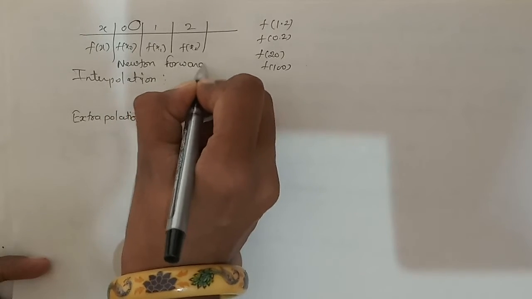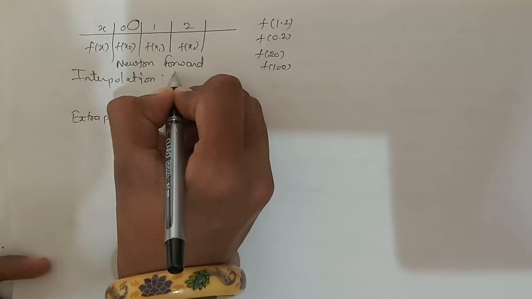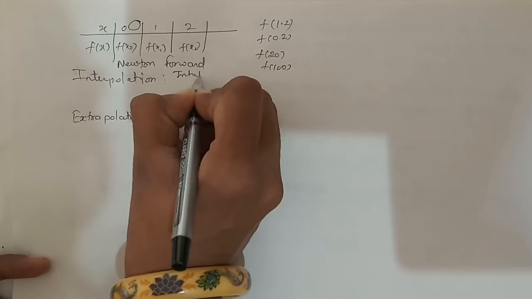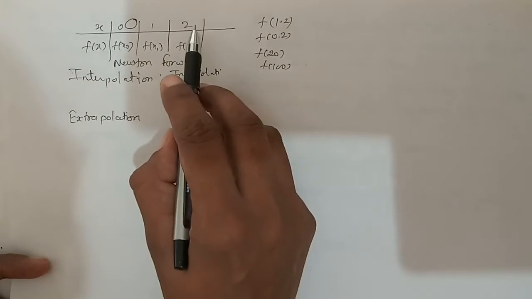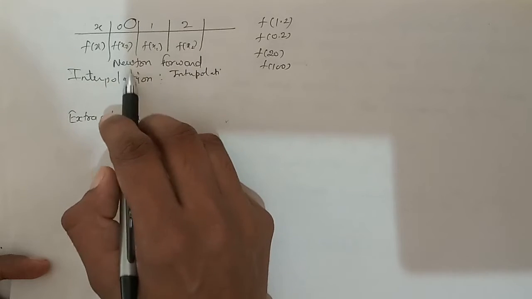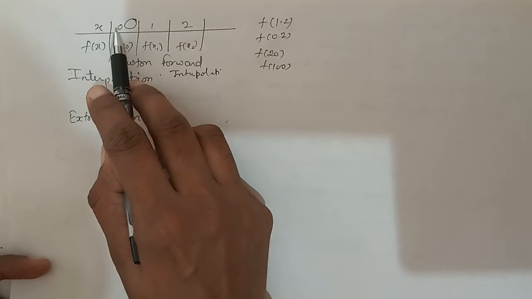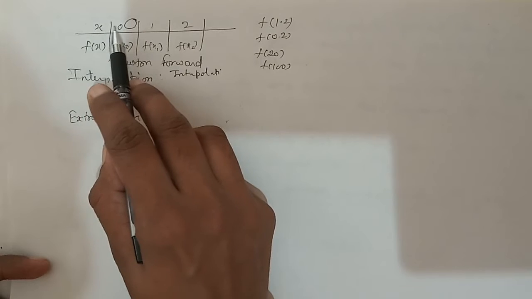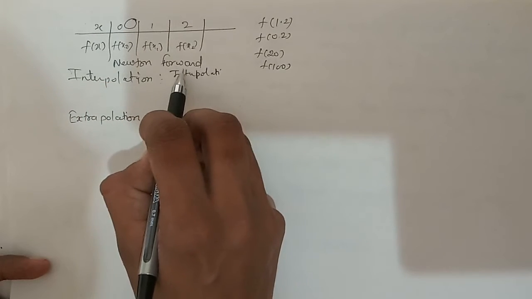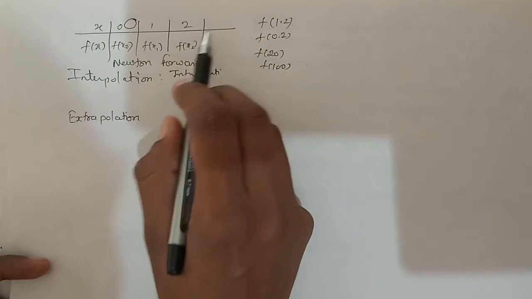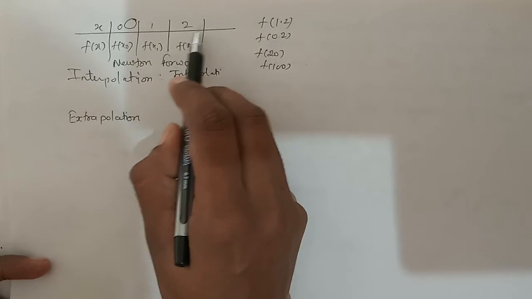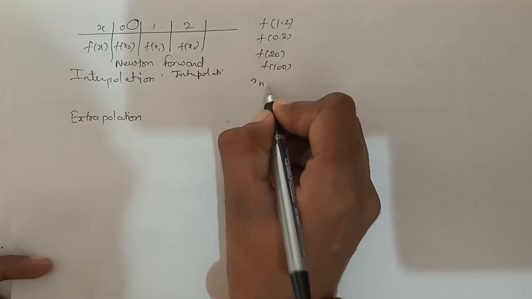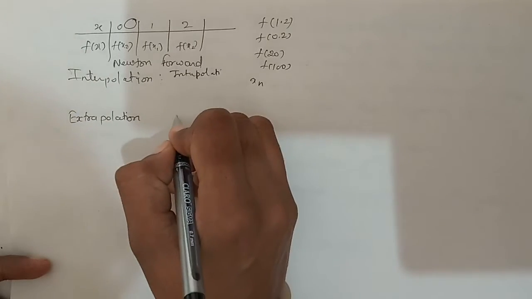I think now you are getting why we use the Newton forward interpolation formula. It is clear that when the value is nearer to the start, that is nearer to x0, we use Newton's forward interpolation formula. Obviously, if the value is nearer to the end, that is the xn value, then we will use Newton's backward interpolation formula.